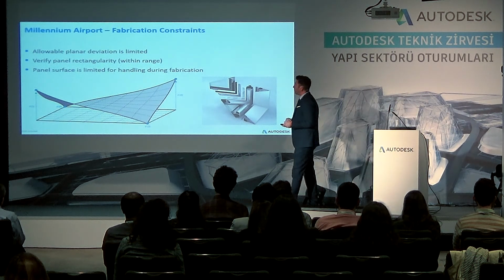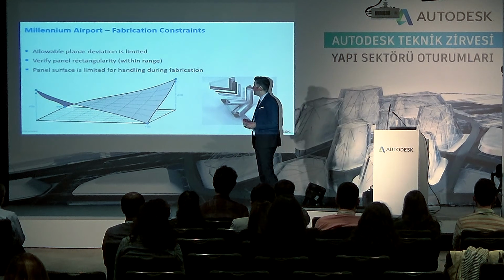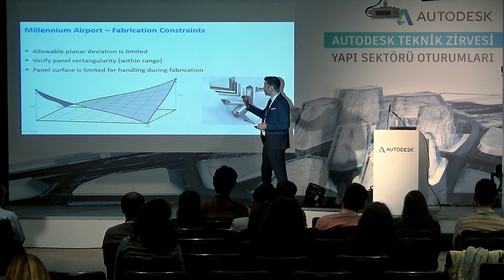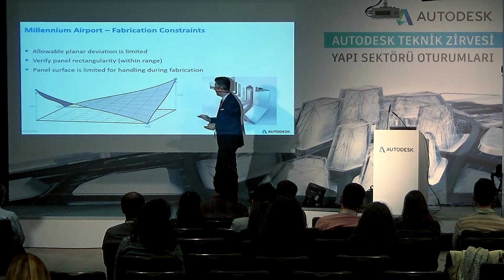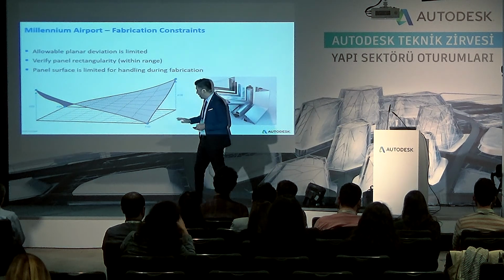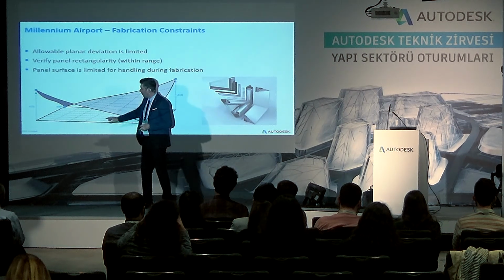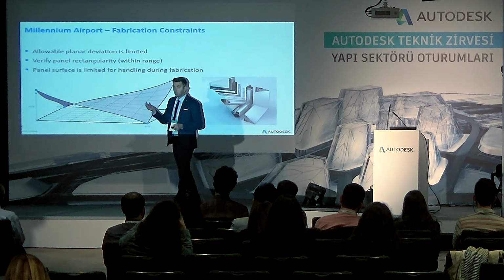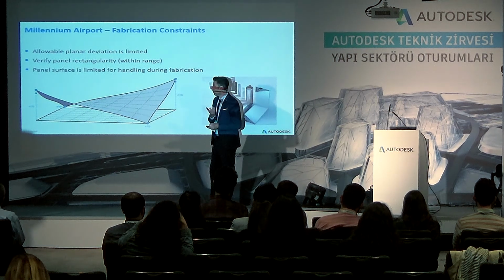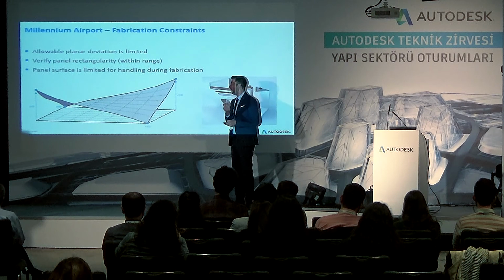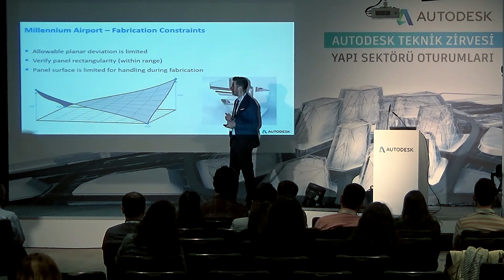So one of the main consideration is that we need to specify what is the planar deviation of this panel. So ideally, we need to have a flat panel, but for this kind of organic shapes, it's not always possible to have flat elements.